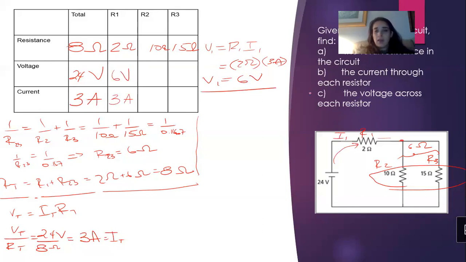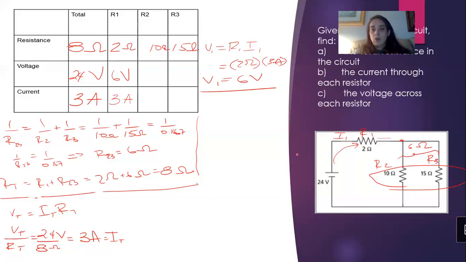Okay. And so because we learned yesterday that as current goes through the resistors, the voltage is going to drop. And in a series circuit, it will go down just by some amount, not by a total amount. In a parallel circuit, we learned that the voltage drop across both resistors has to be the same.